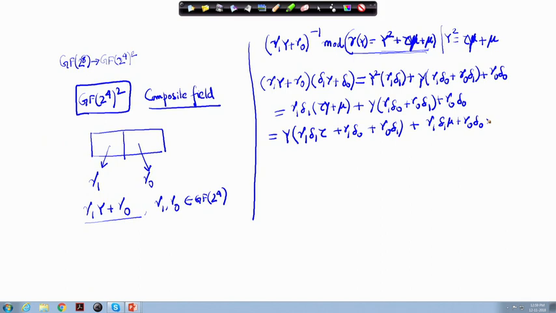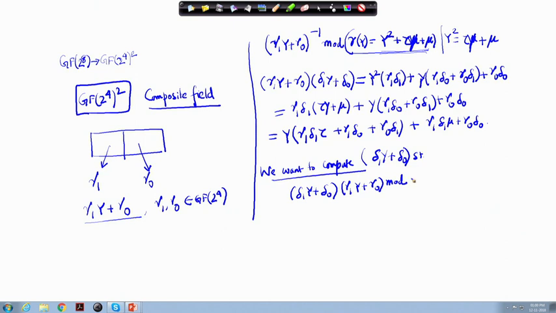So remember, now what we want is to compute a value, denoted as delta 1 y plus delta 0, such that delta 1 y plus delta 0 multiplied with gamma 1 y plus gamma 0 mod of ry should give me 1.